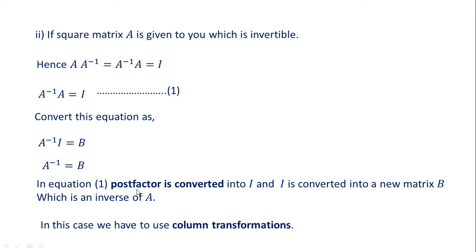Okay, so when we have to use the row transformations and column transformations, take a note that if you use this equation, that is A into A inverse is equal to I, then use row transformations. Okay, in short, you remember this. If you start A into A inverse is equal to I, then row transformations, because we have to convert this A, that is called as prefactor.